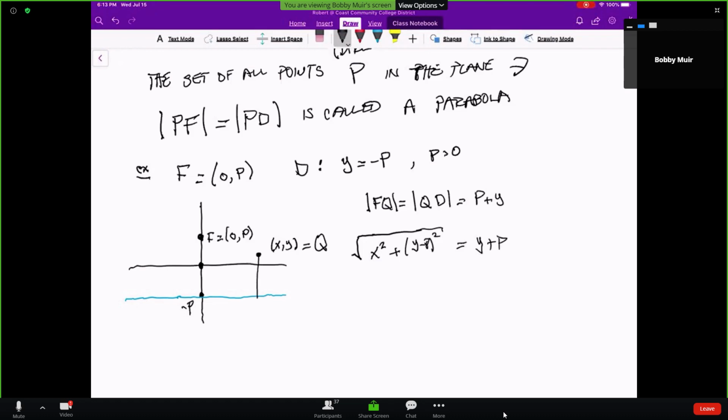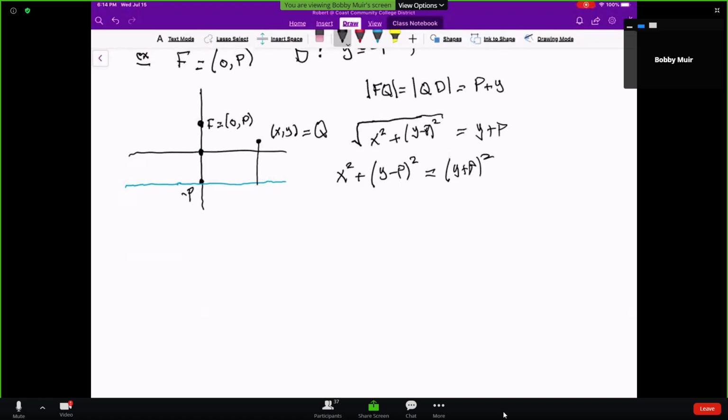Now I'm just trying to get a working equation here. I'm not solving for anything. So I'm going to square both sides to get x squared plus (y minus p) squared equals (y plus p) squared.